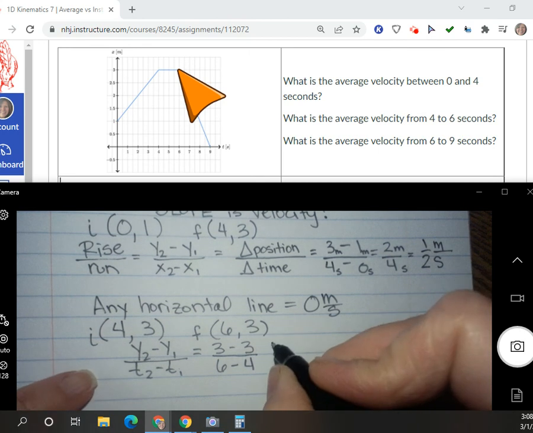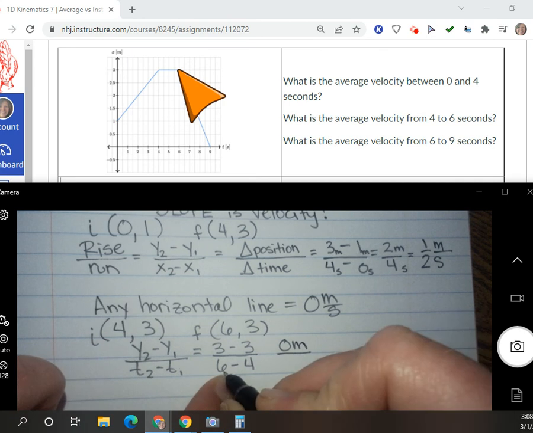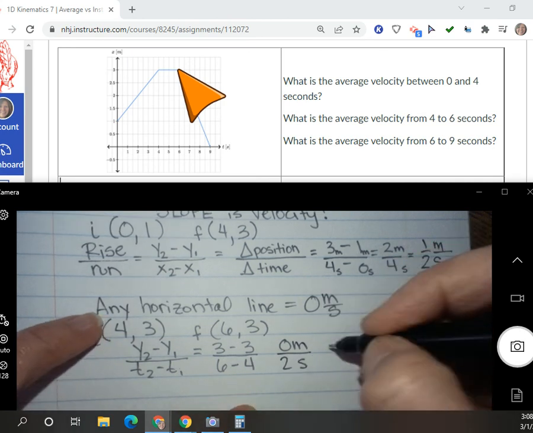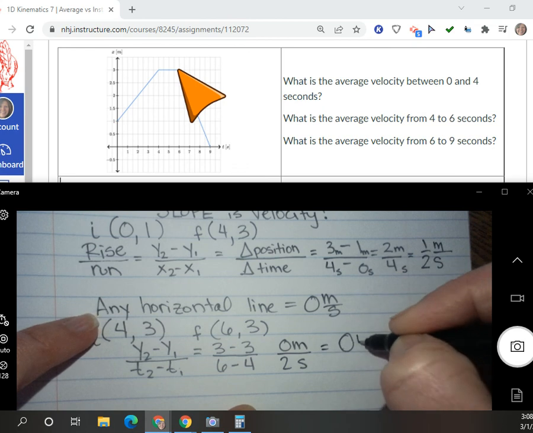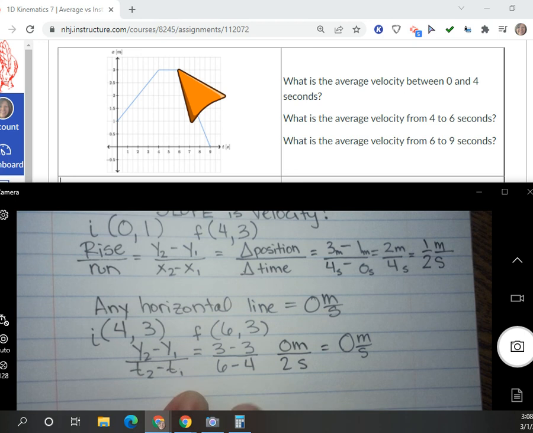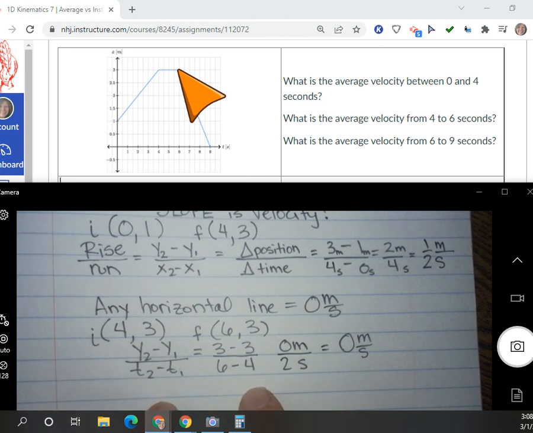We get 0 meters over 2 seconds, but we know that 0 over anything is really 0 meters per second. So for any horizontal line, we are going to get 0 meters per second, because our y is going to be the same for a horizontal line.